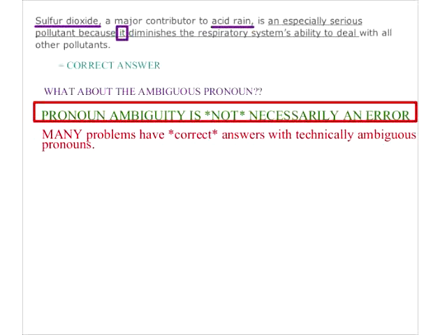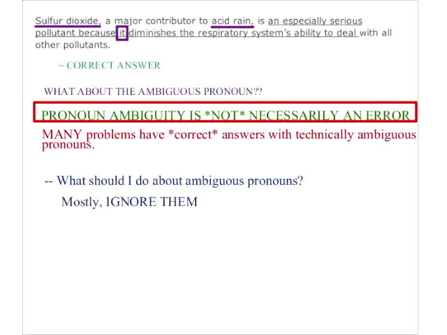So the basic deal is that you should just ignore pronoun ambiguity for the most part. The question is, what should I do about ambiguous pronouns? The answer is mostly ignore them. Don't really pay attention. It's not an elimination, with one exception, see the next slide.